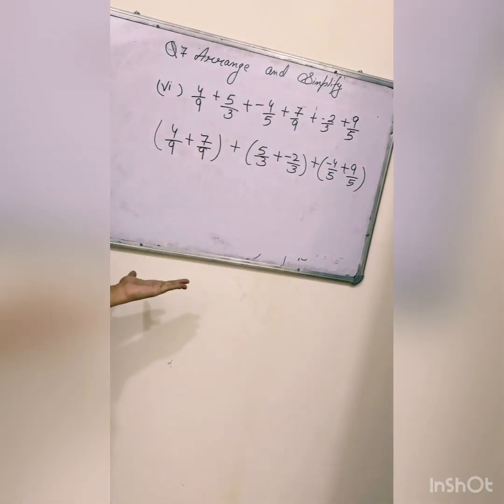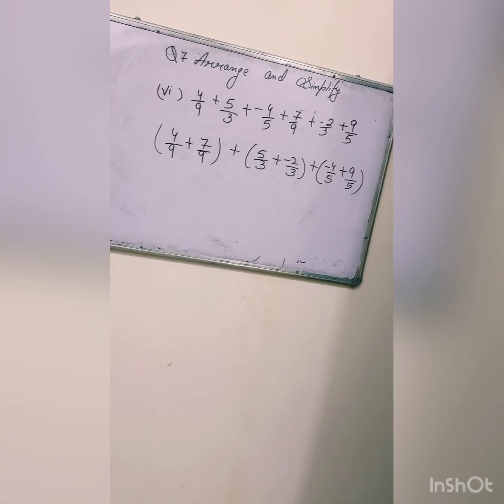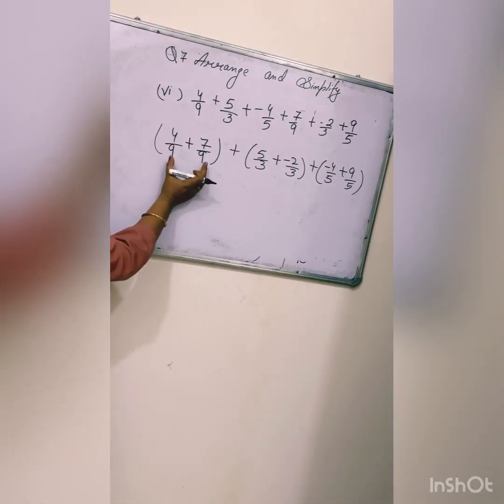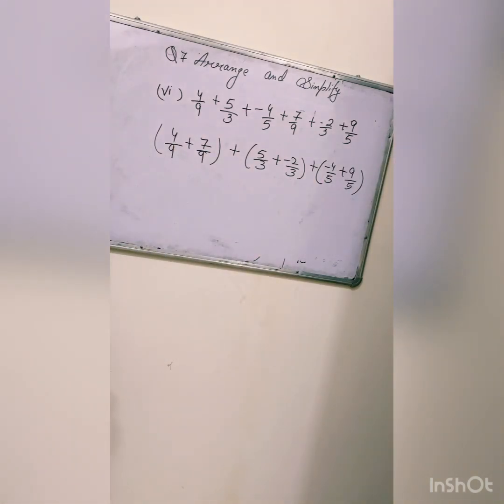Now you can solve it and you will get the answer. So you are going to do this by yourself in your notebooks. Same denominators we put together, solve, simplify it, you will get the final answer.